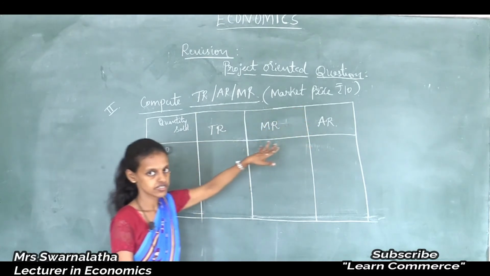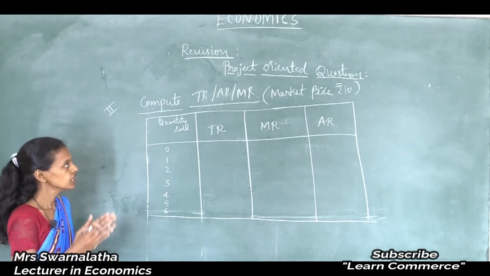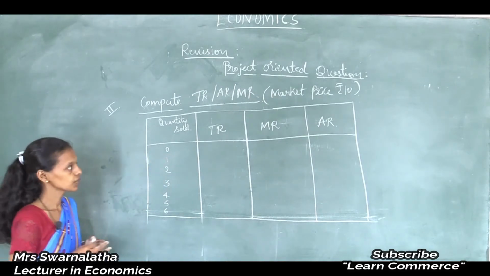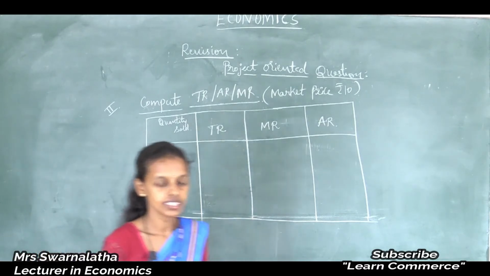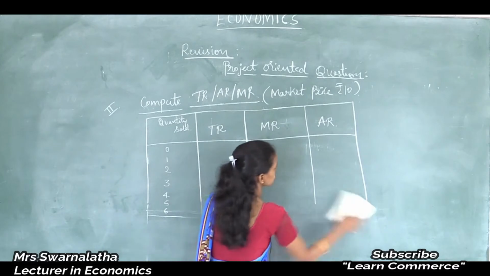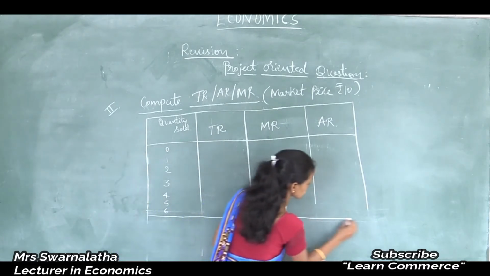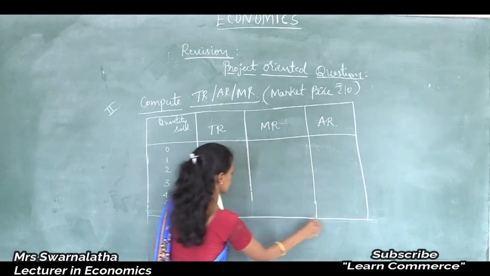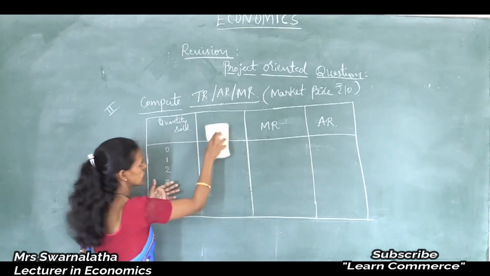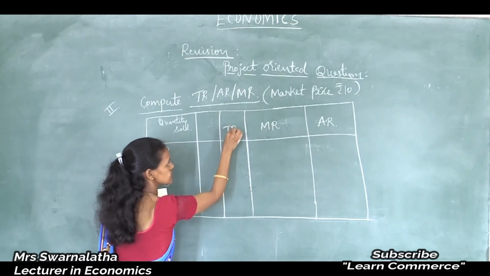Question is like this. Now what you have to do is add one more column, that is P. P means price. You should add the price column here, students. TR is kept as it is.